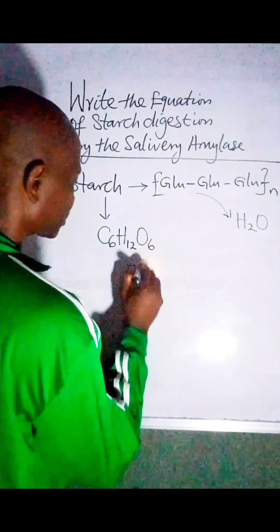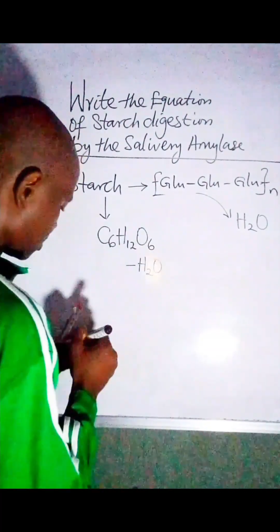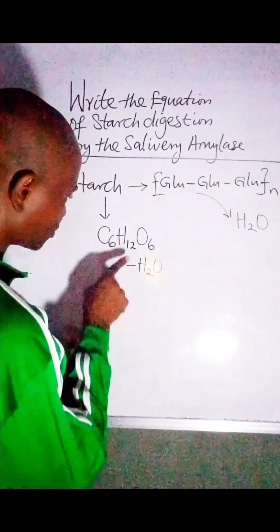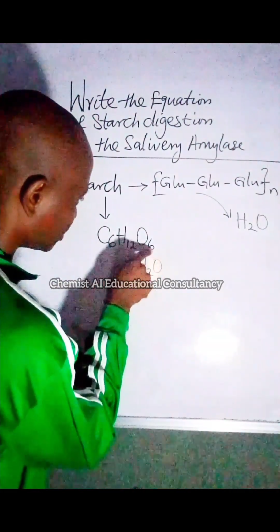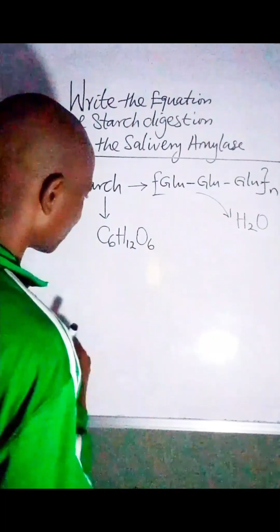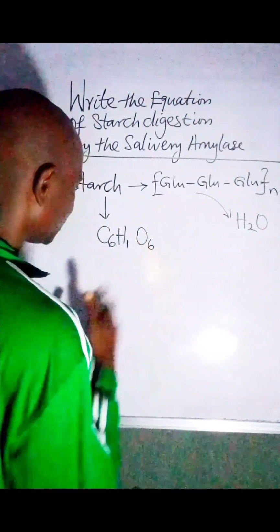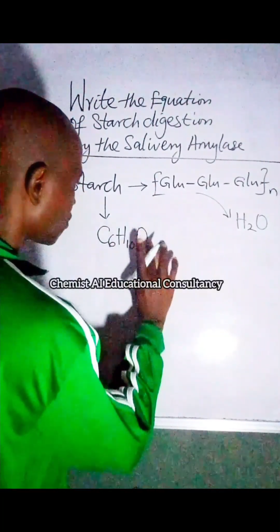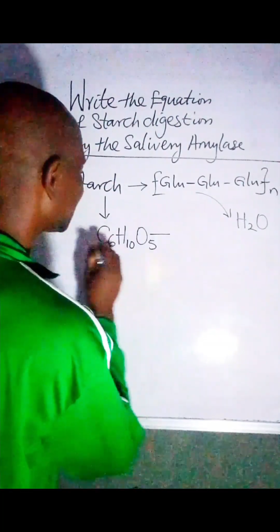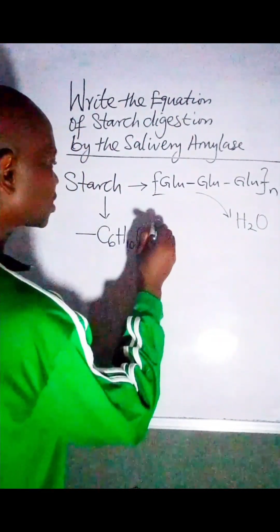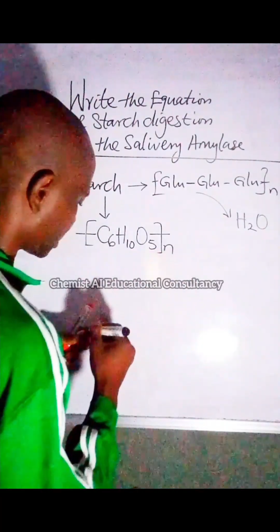We now remove water from it. If you remove water from glucose, you are removing 2 hydrogen atoms and 1 oxygen atom. So the formula for starch will now be C6H10O5. This is the monomeric unit linked to many other monomeric units, and then n outside.